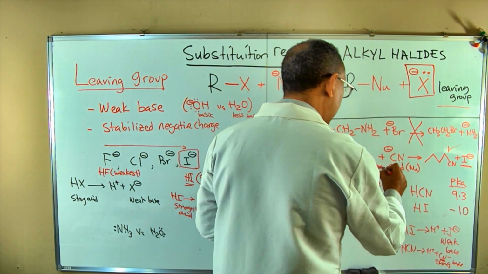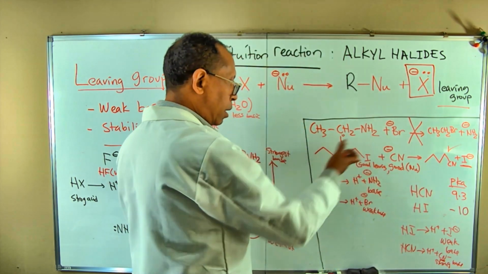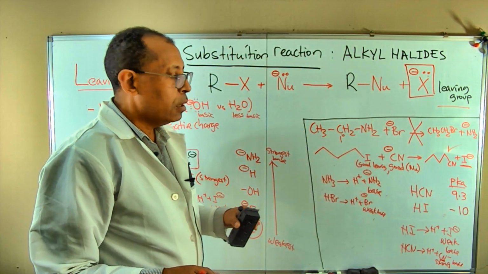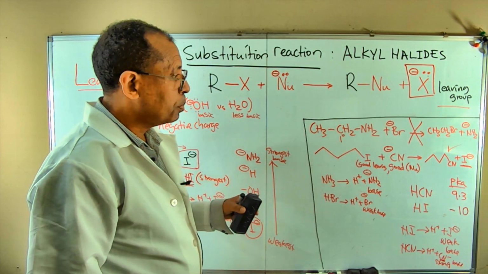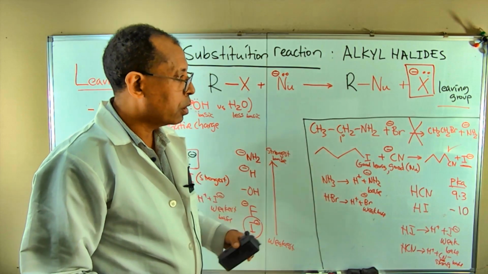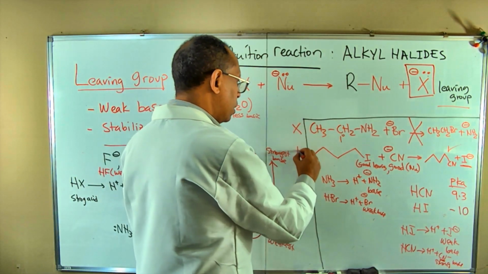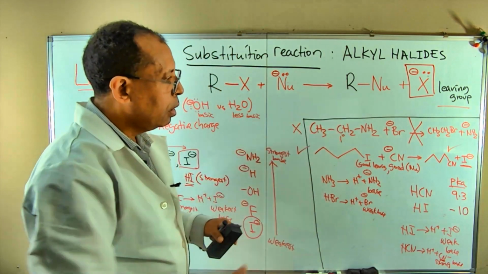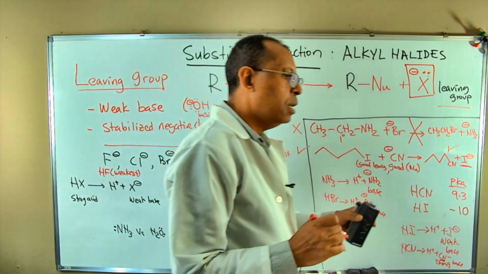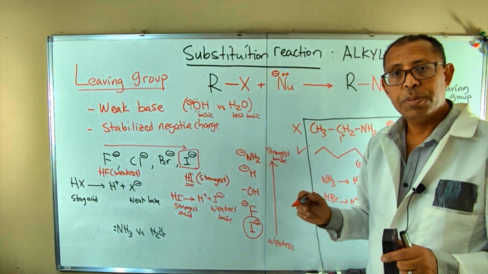The iodo is a good leaving group. So the combination of this reaction to give a substitution reaction with a cyanide group would be a very successful substitution reaction. So the top is not successful. This goes in the indicated direction. So bottom line is that a weaker base is a good leaving group.